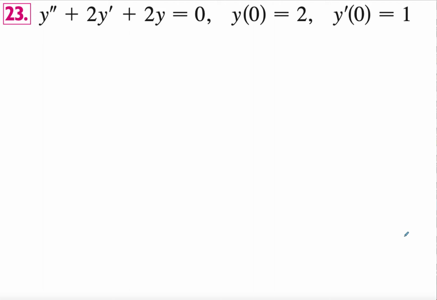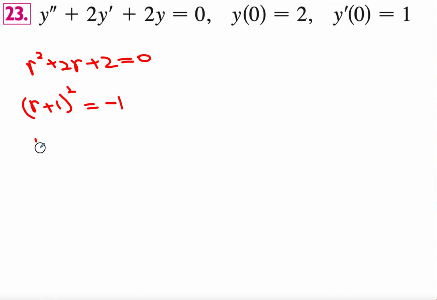Number 23. So we're going to be looking at the characteristic equation r squared plus 2r plus 2 equal to 0. Then I can rewrite this as r plus 1 squared equals negative 1, where r becomes negative 1 plus or minus i.